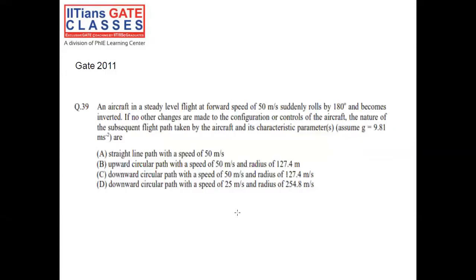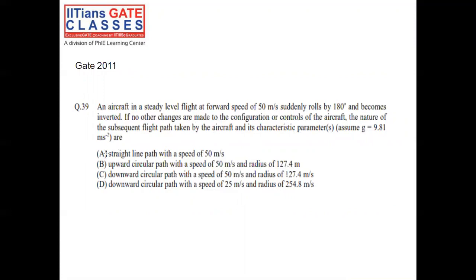Next, GATE 2011, question number 39. An aircraft in a steady level flight at a forward speed of 50 meters per second suddenly rolls by an angle of 180 degree and becomes inverted. If no other changes are made to the configuration or controls of the aircraft, the nature of the subsequent flight path taken by the aircraft and its characteristic parameters are: assume g equal to 9.81 meter per second square.